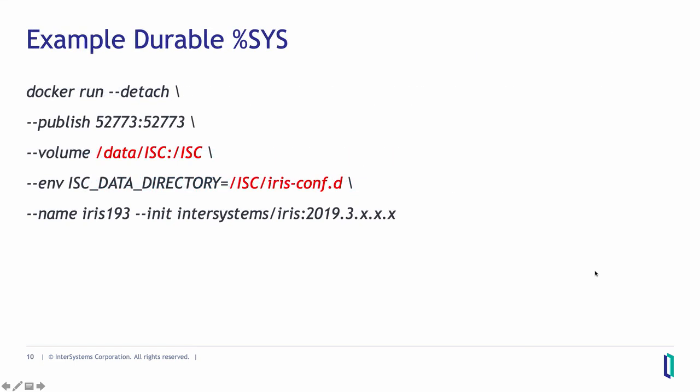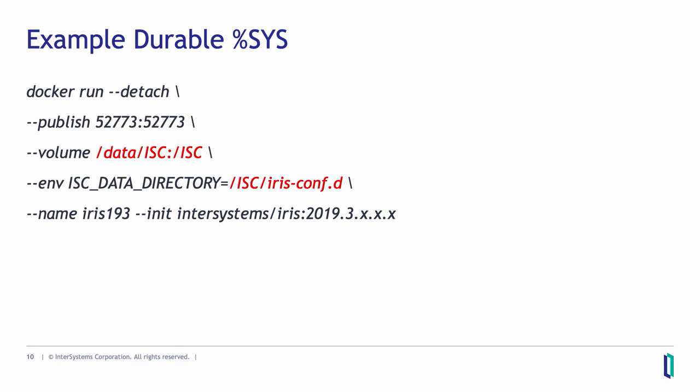So here's a simple Docker command line example. In this example, the durable SYS directory would be /data/ISC/iris_sys.d, which is outside the container, and /ISC/iris_sys.d within the container. You can name these whatever you want. You don't have to follow these. The environment variable, ISC_DATA_DIRECTORY, is the key component here.